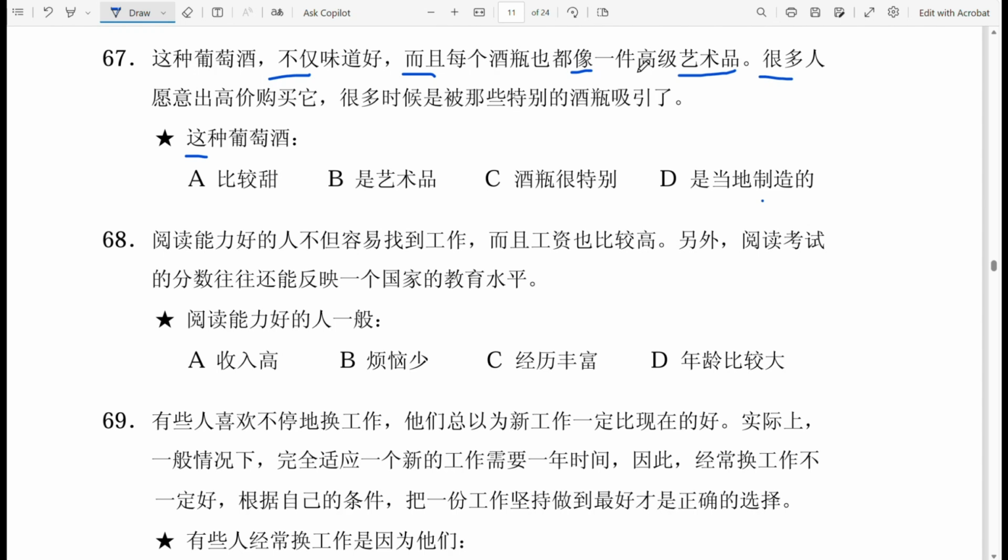So this wine is not only tasty, but the bottle also looks really nice.